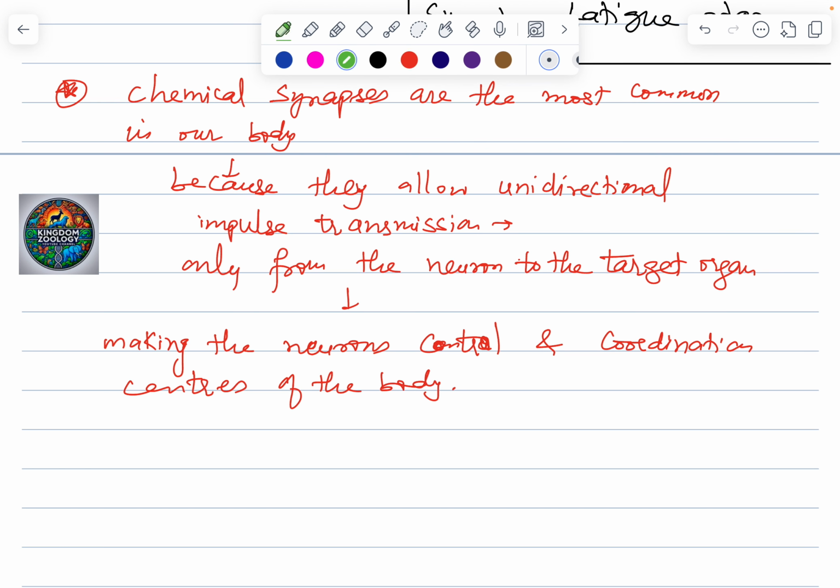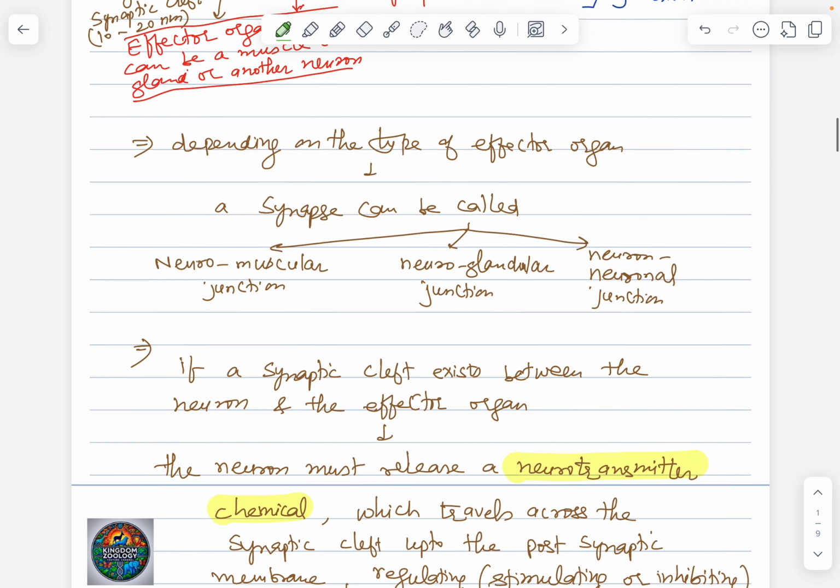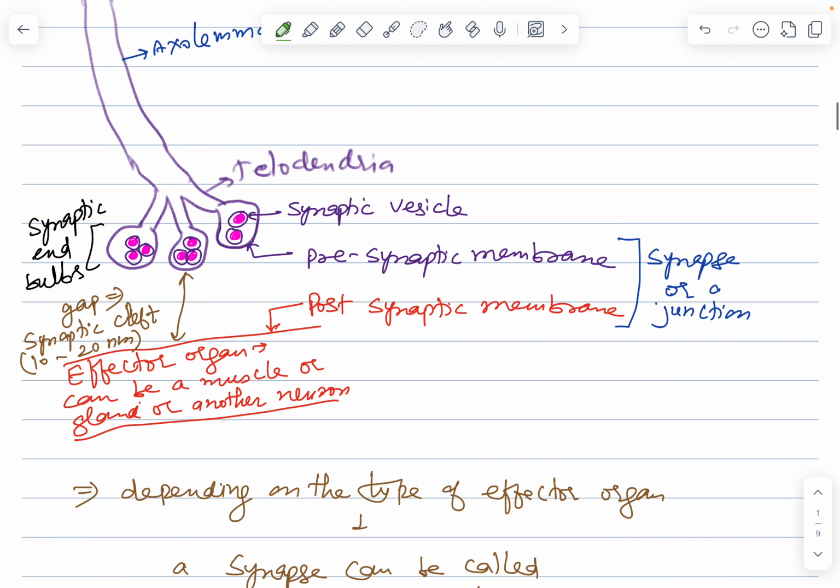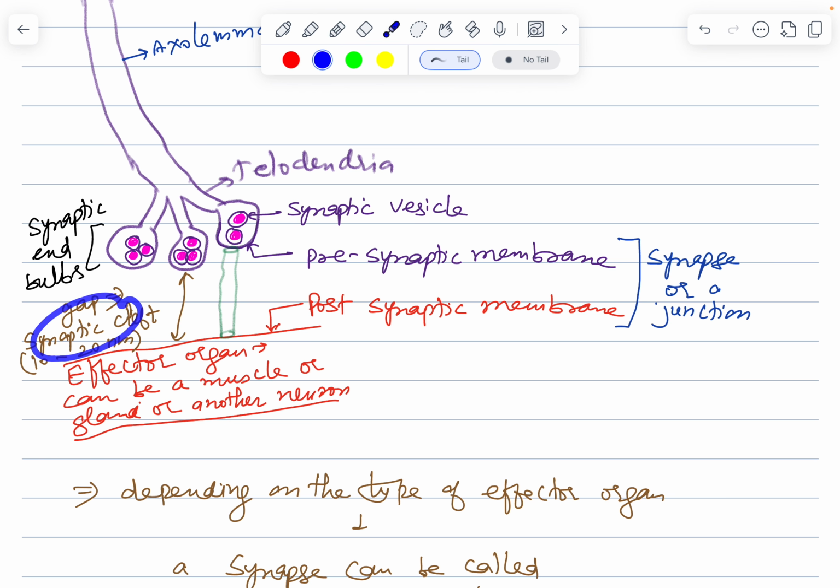What other arrangement, by the way, can we make on the synapse? Let's imagine I make a protein here which connects my presynaptic membrane to the postsynaptic membrane directly. If I make a protein here, now is there any synaptic cleft?